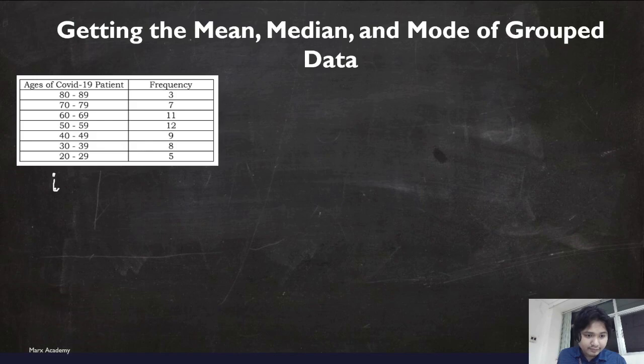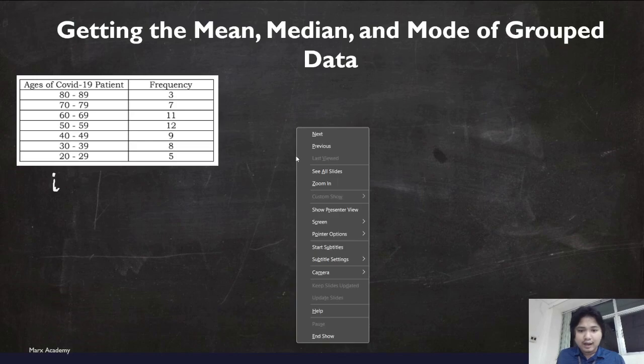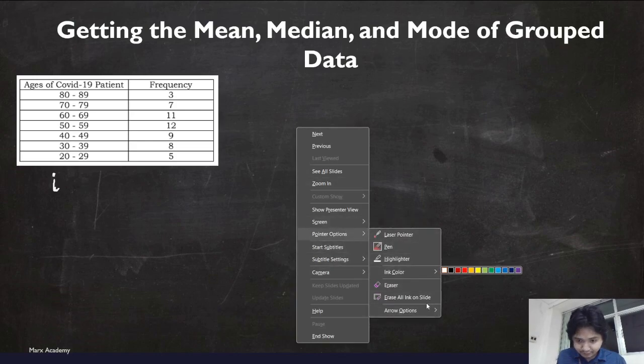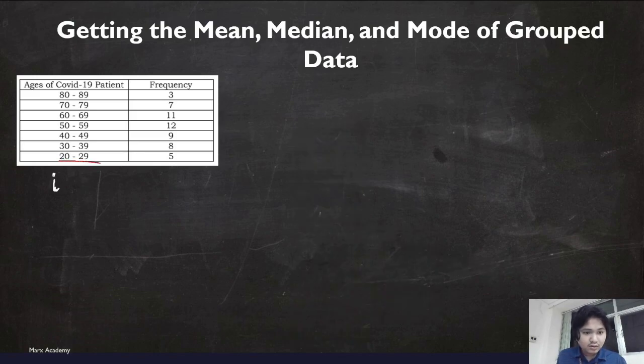To get the interval, all we have to do is subtract these ages. What do I mean by subtract? This 29 subtract by 20. That's how you get the interval.